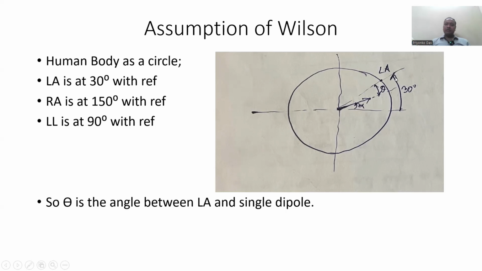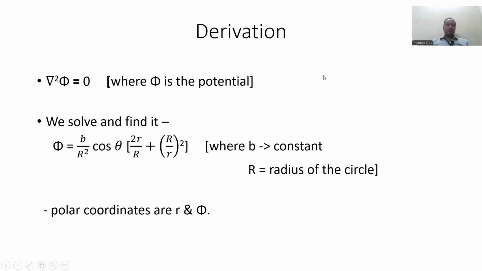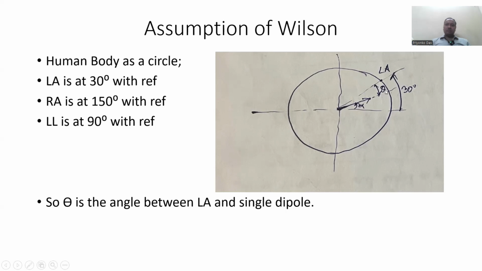The left arm is at 30 degrees, so there is a difference theta. That means theta is equal to 30 minus alpha. So we consider that theta is equal to 30 minus alpha.